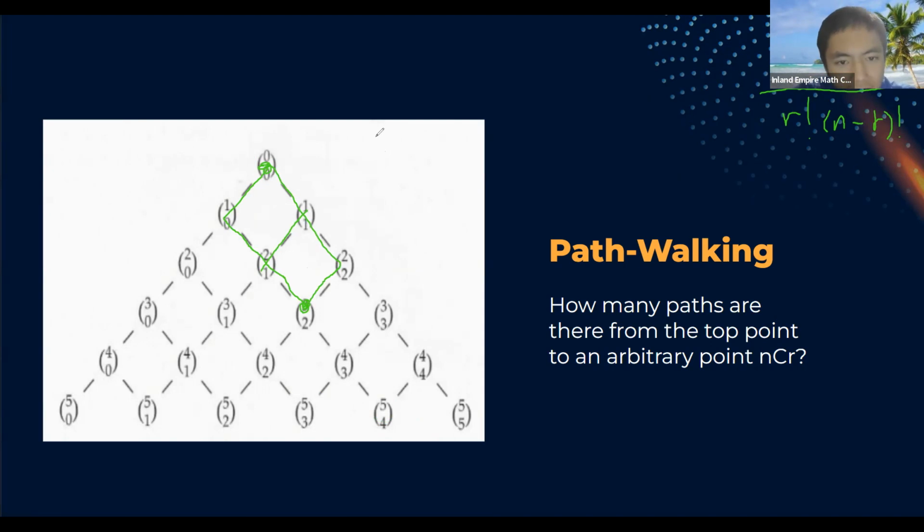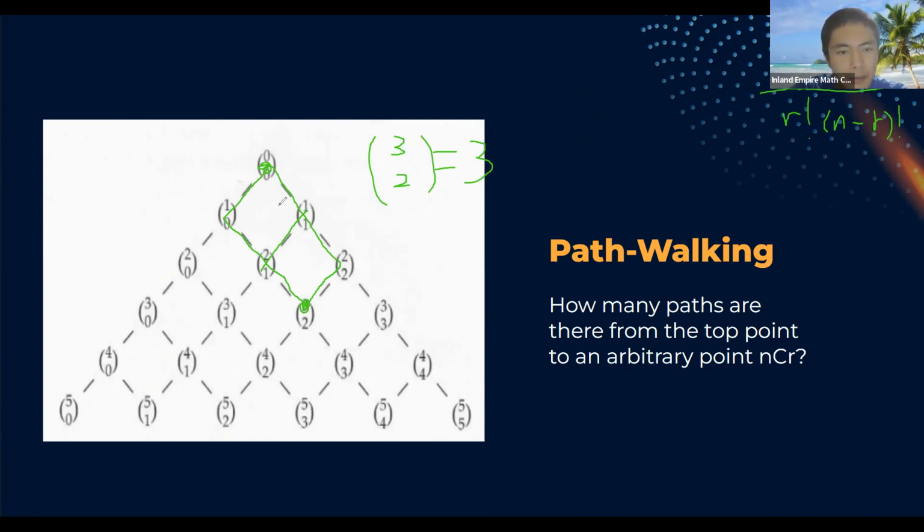So that means out of the 3 steps you have to take, 2 of these have to be going right. You could go right, left, right, or right, right, left, or left, right, right. So the number of paths is simply the number of rearrangements of right, right, left, and that's simply 3 choose 2, which is 3.